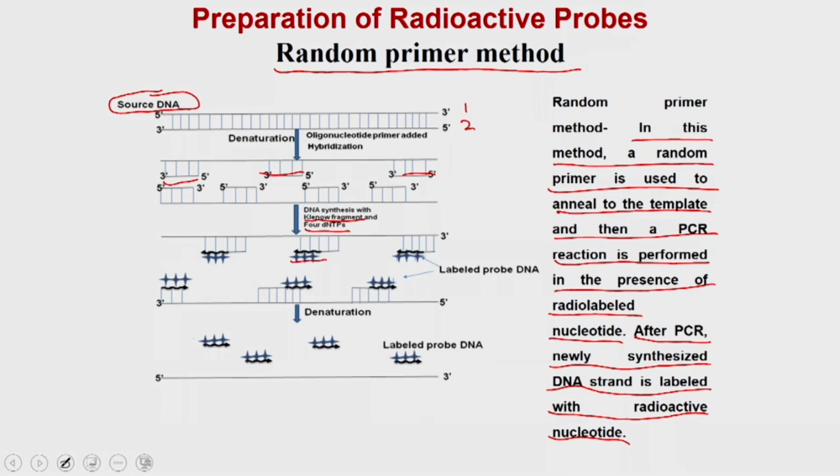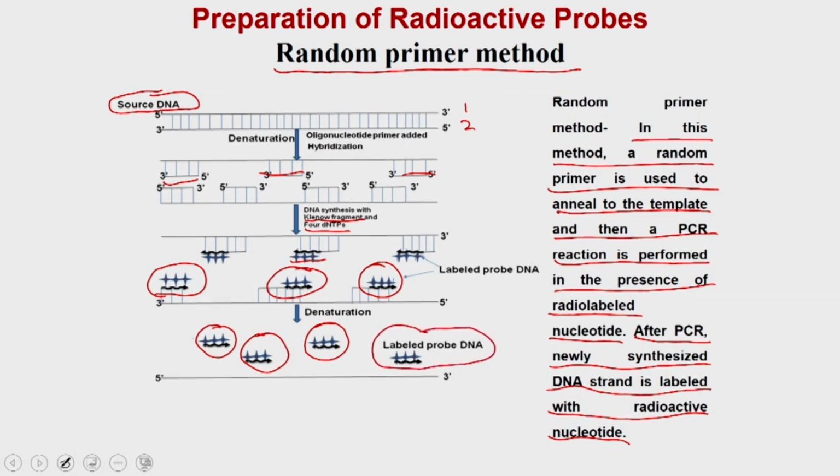Ultimately you can denature the synthesized material, and once you denature, this molecule will come out from the template, and this is going to be your radio labeled probe, which you can purify from the reaction mixture and use to screen the genomic or the cDNA library using the DNA hybridization approach.